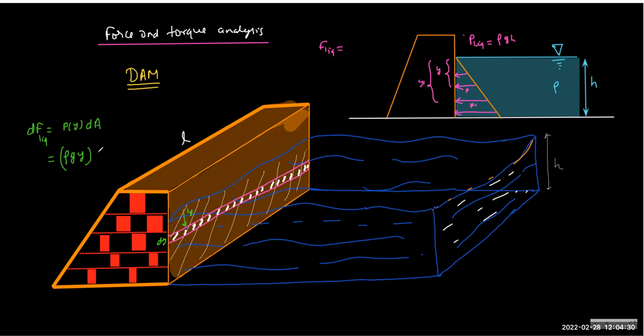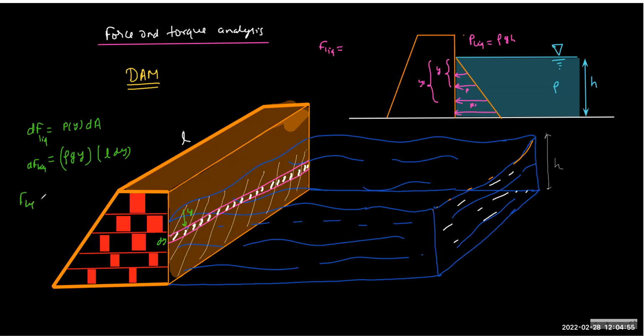What is the area? The area of the wall, the shaded portion. You can see the small strip. What is that area? L dy. Okay, so now you can find the net force by integrating it.